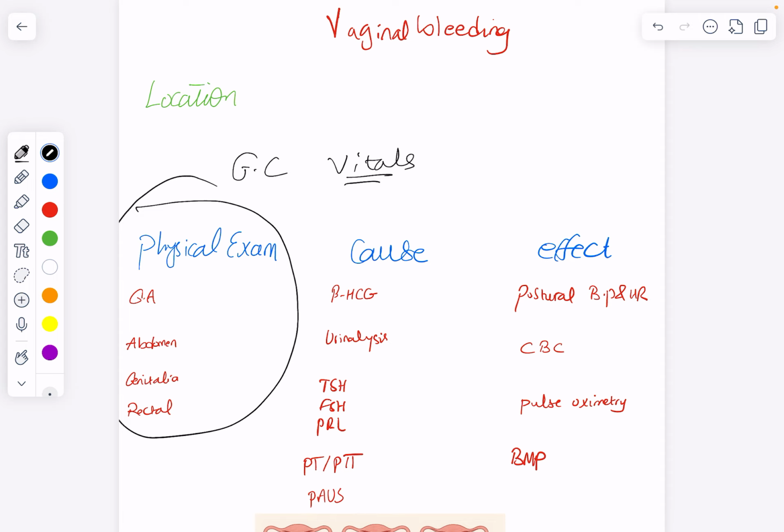Obviously, you need to admit this patient in order to stabilize her and also find out the cause extensively. In that case, you're going to change the location from office or ER to inpatient unit. And that's very important, guys. You lose points if you treat the patient in the wrong location.